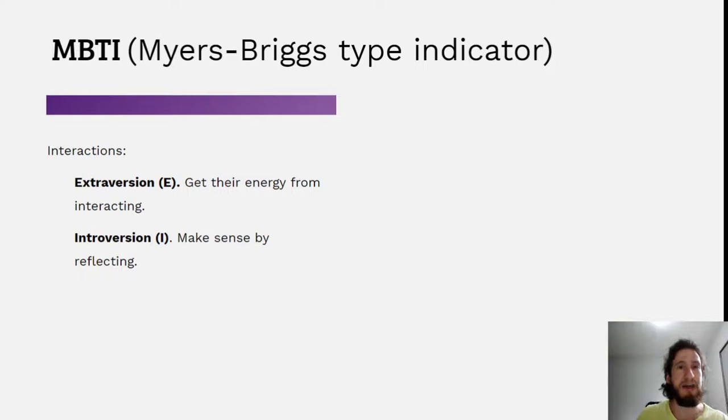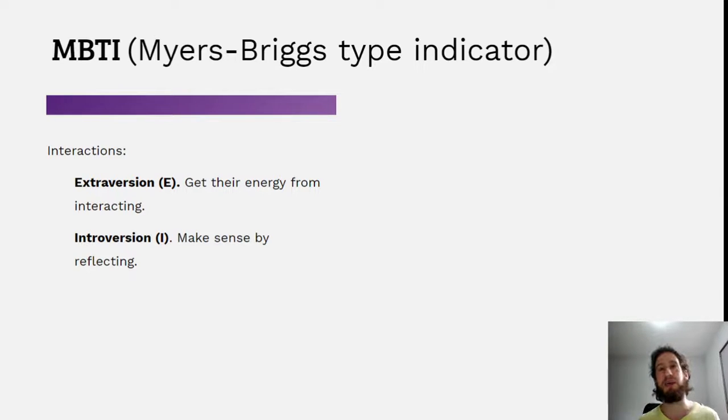The first dimension is interaction, whether you prefer to recharge your batteries by dealing with people or by being alone by yourself. It doesn't mean that an introvert person doesn't like to be with people, but their energy is drained when they deal with other people, right?